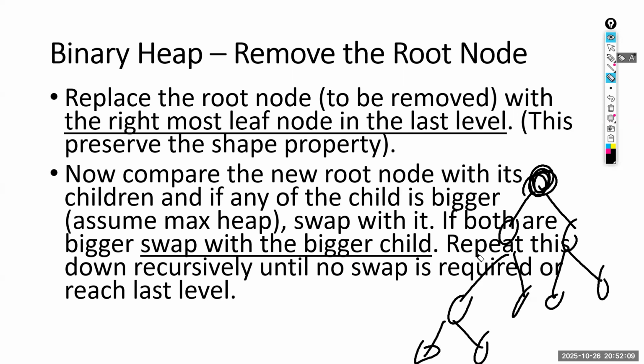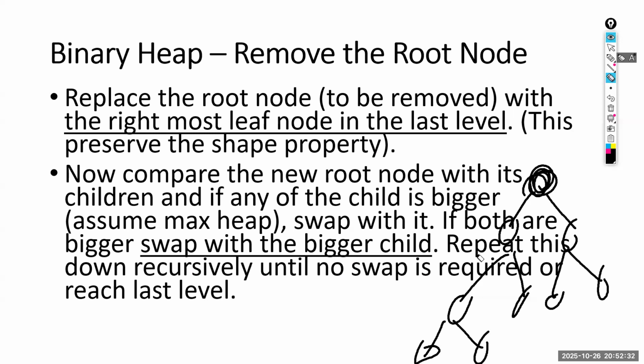So then someone will ask, why do you want to keep taking from the root? When you keep taking from the root, basically you are getting the data in sorted order. So that is why this is the basis for heap sort. You add your data into the binary heap using the logic I explained for insertion.